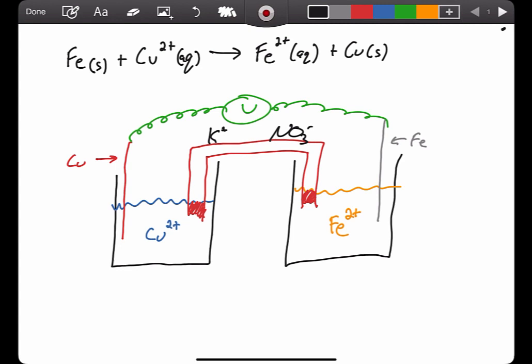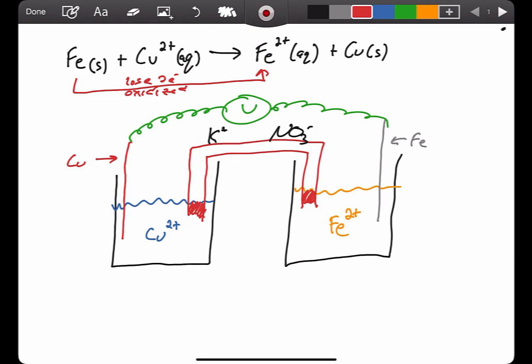All right, so let's take a look and see what we can determine from our reaction and from our drawn cell here. So if we look at the reaction, we see that we've got iron turning into iron 2 plus. And in order to do that, the iron must lose 2 electrons, and so that means that the iron is being oxidized.